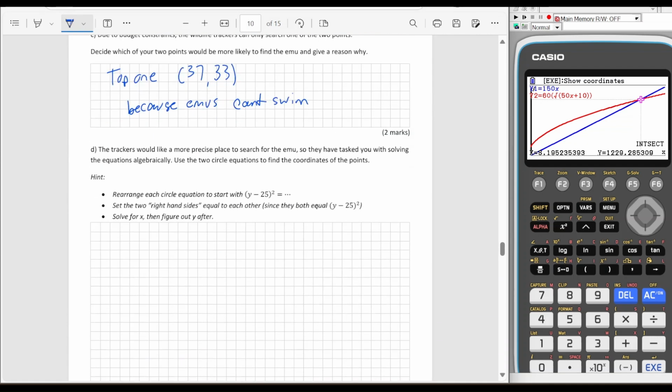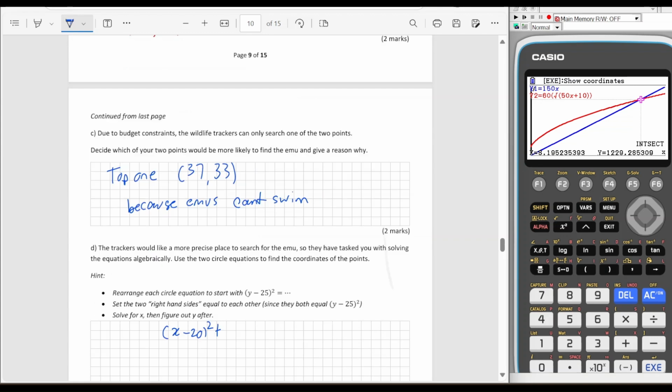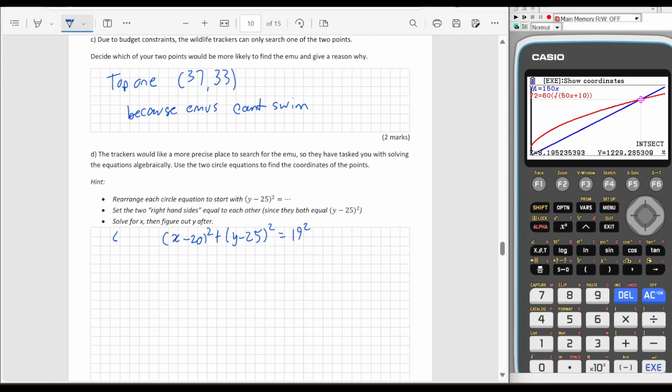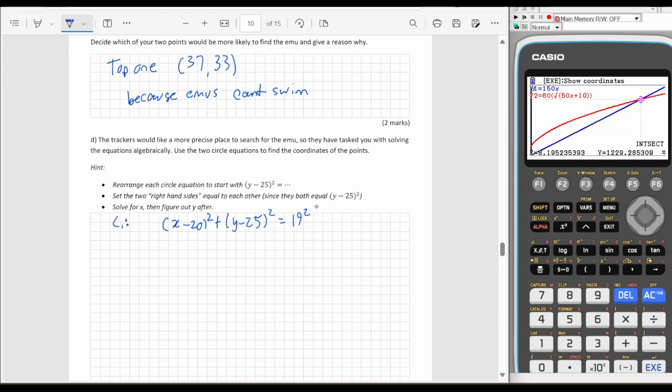(x - 20) squared plus (y - 25) squared equals 19 squared. So that's circle 1. And I'm going to rearrange this to (y - 25) squared equals 19 squared minus (x - 20) squared.